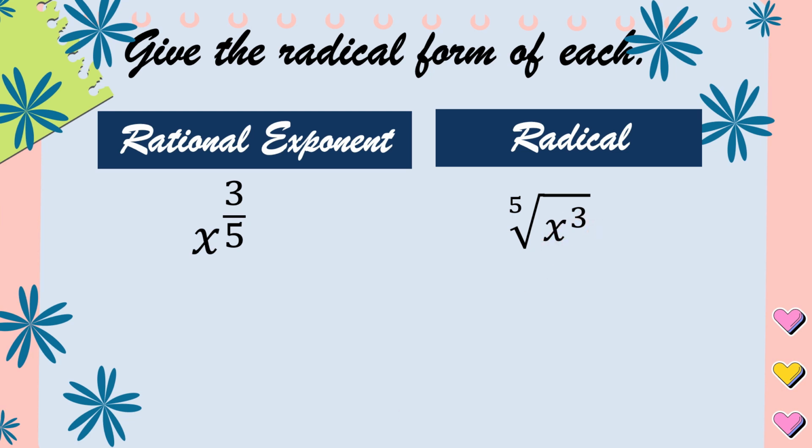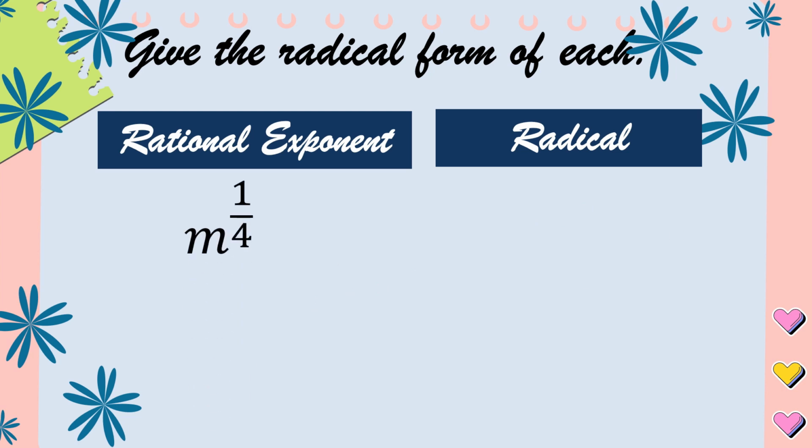We read that as 5th root of x raised to 3. So the denominator 5 becomes the index. The numerator is the exponent of the base x.